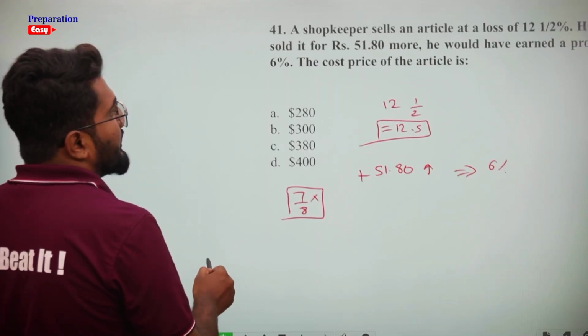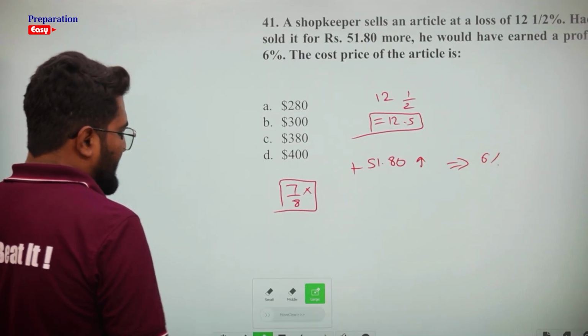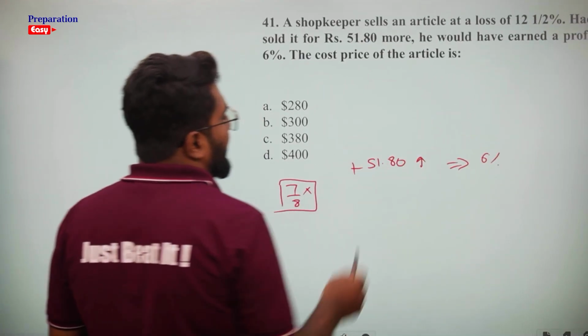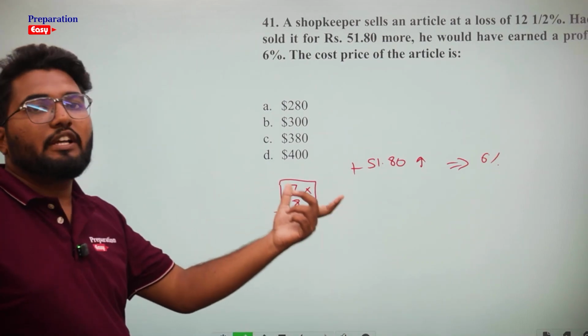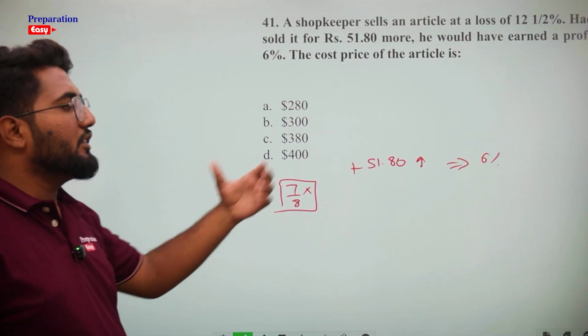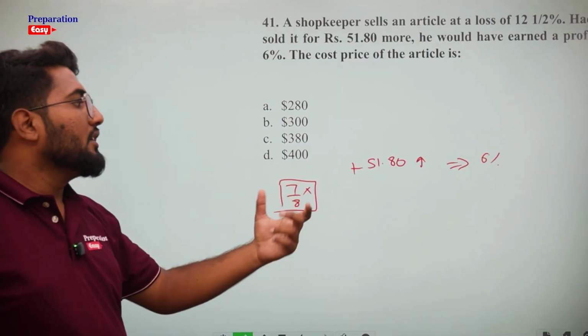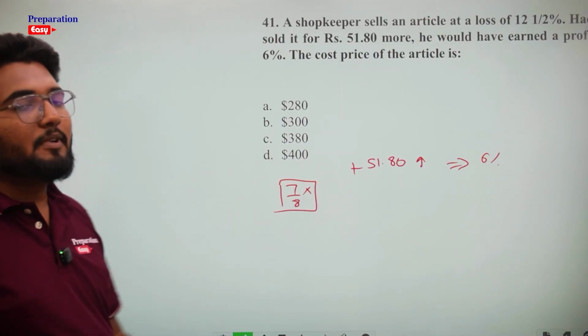Okay, now let's see the second condition. What is the second condition saying? If he had sold for 51.80 rupees more, then he will earn 6% profit.